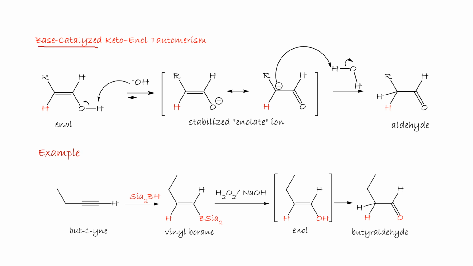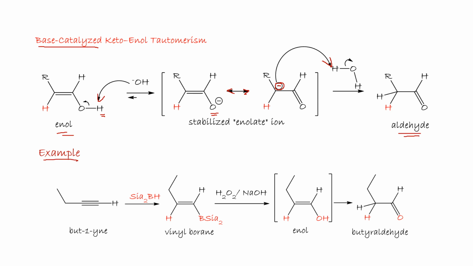The mechanism of base-catalyzed tautomerism: the enol hydrogen is acidic, and in the presence of base will form the enolate ion, which is stabilized via resonance with the carbanion, so negative charge on carbon, which then attacks, with proton transfer from a molecule of water, to form the aldehyde.